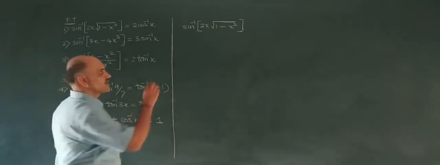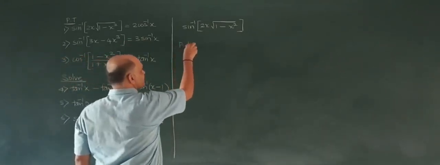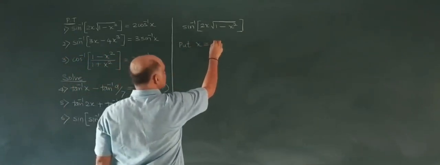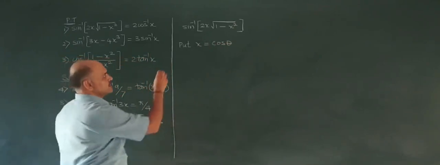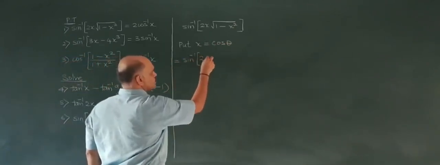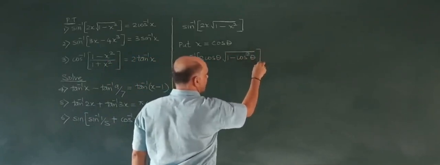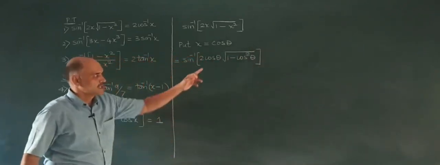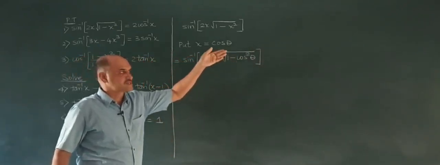So first, put x equal to cos theta. So LHS is sin inverse 2 cos theta into root of 1 minus cos square theta. So 1 minus cos square theta is sin square theta.